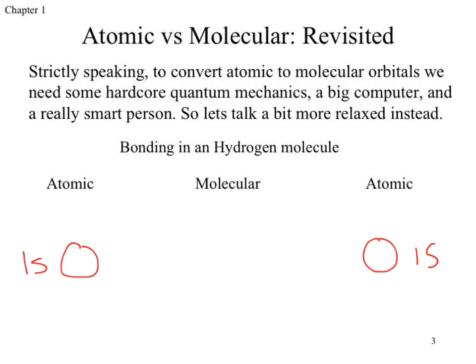Okay, so what happens when we make a molecular orbital? Let's look at, we'll call this our energy. We're going to bring these two s orbitals near each other. Okay, and let's push it to the extreme. Let's push them to the point where we think they would start bonding.